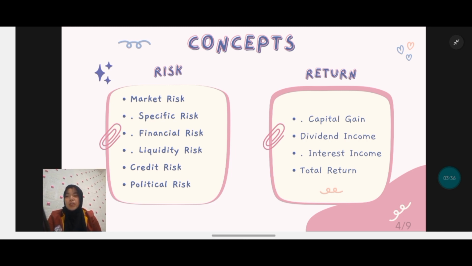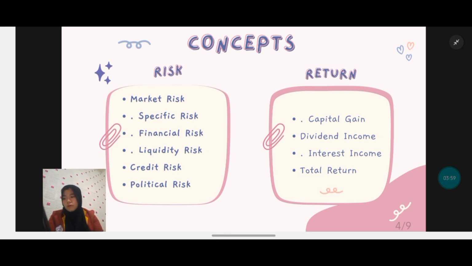The profit made when an investment is sold for a higher price than the purchase price. Number 2, dividend income. Return through dividends paid by stocks or other income-generating investments.